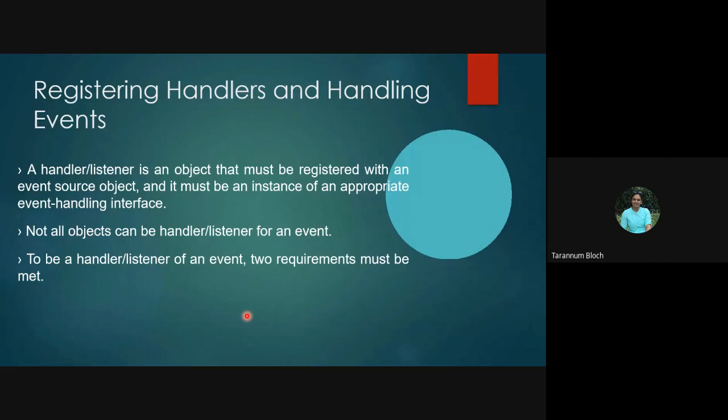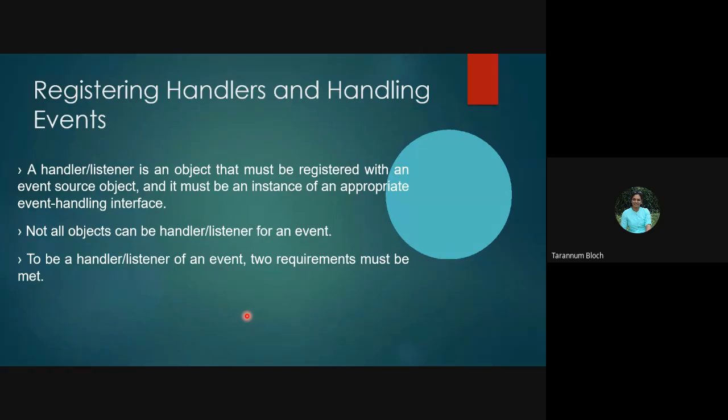So when you are having the event handler, the other name for the event handler is event listener, right? Whenever event-driven programming is being done, you need an object which has to listen to the event. So we call it an event listener, or at times an event handler.